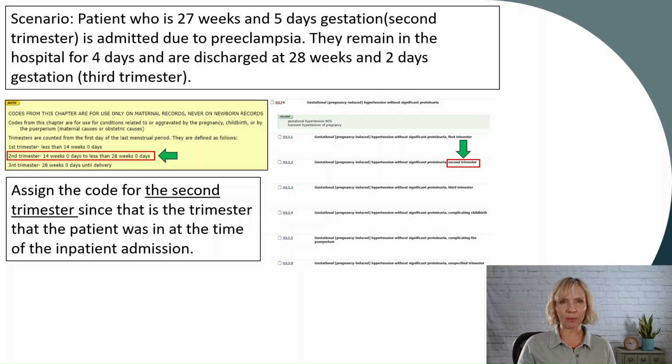For instance, if a patient is admitted due to preeclampsia at the end of their second trimester and stay in the hospital long enough to cross over into their third trimester prior to discharge, the appropriate trimester for code selection is the second trimester, since that is the trimester that the patient was in at the time of admission. So that's it for today's quick tip.